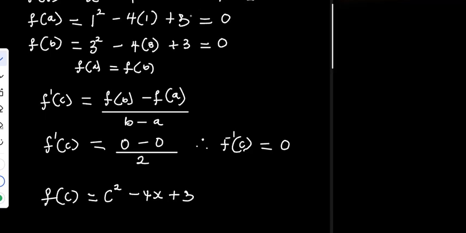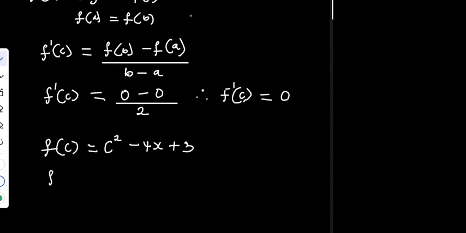Now if you find the first derivative of this, f prime of c is going to give us 2c minus 4. And from Rolle's theorem, we said that f prime of c is equal to 0.